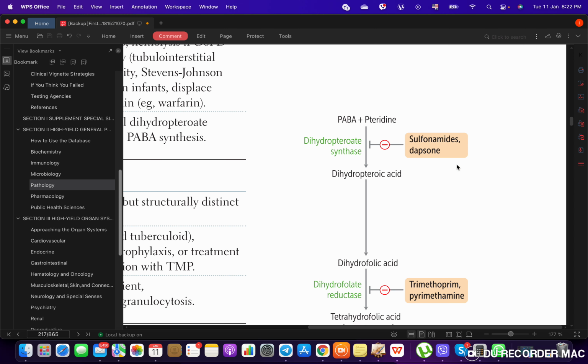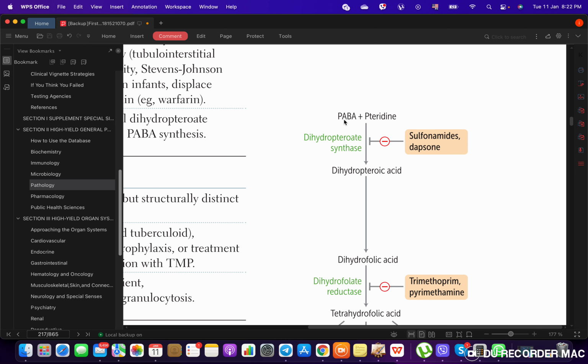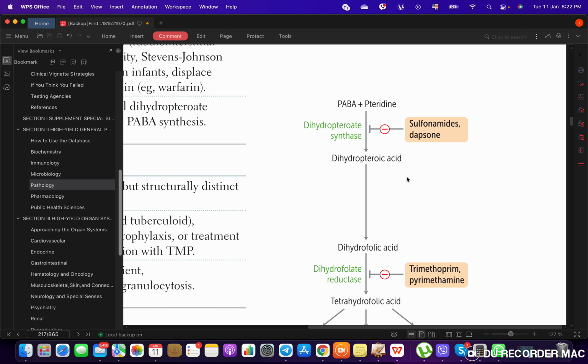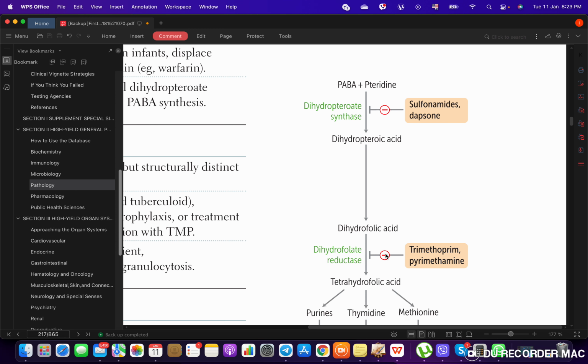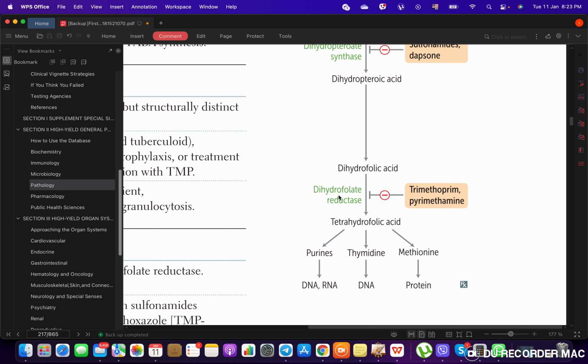So let's start with the story. There is a particle called PABA, like Papa, and dihydropteridine. When they bind to each other, they make dihydropteroic acid, which is done by dihydropteroate synthetase. Then it becomes dihydrofolic acid, which works with dihydrofolate reductase to make tetrahydrofolic acid, which is the B9 that we need to make thymidine and DNA.